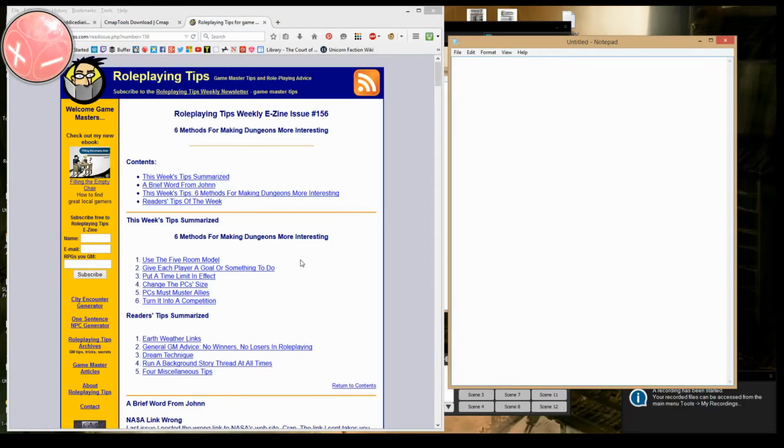The next thing I'm going to do is look at something called the 5-room model, which is an idea that I first came across in the Role-Playing Tips newsletter by John Four, and it's something I often reference when I'm creating a session, especially if it's a one-off session. I'll put a link to where you can find out about this in the description down below.